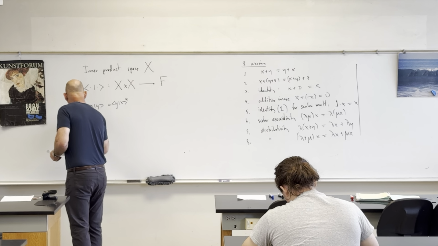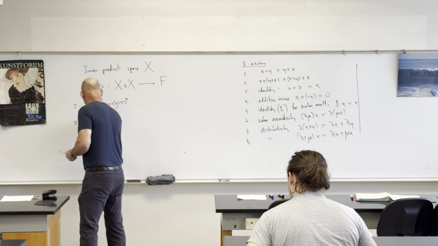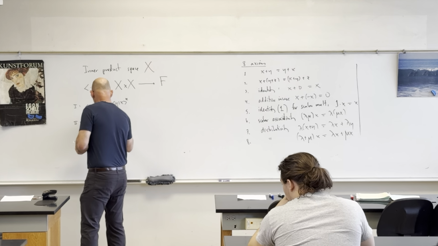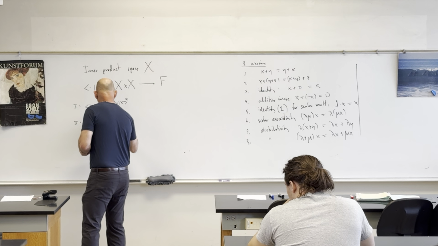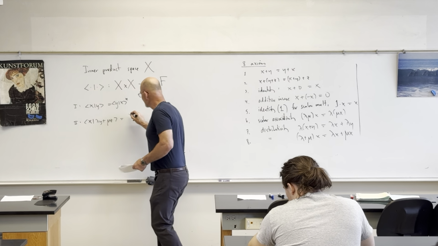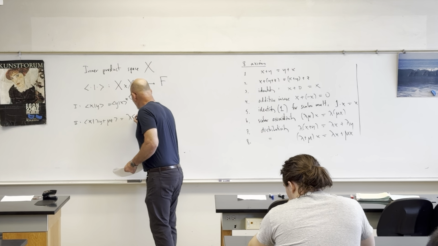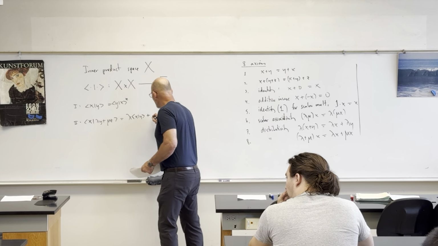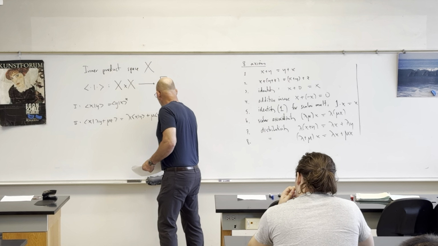The second property is x with lambda y plus mu z, and it's going to be lambda times the inner product of x and y, plus mu times the inner product of x and z.